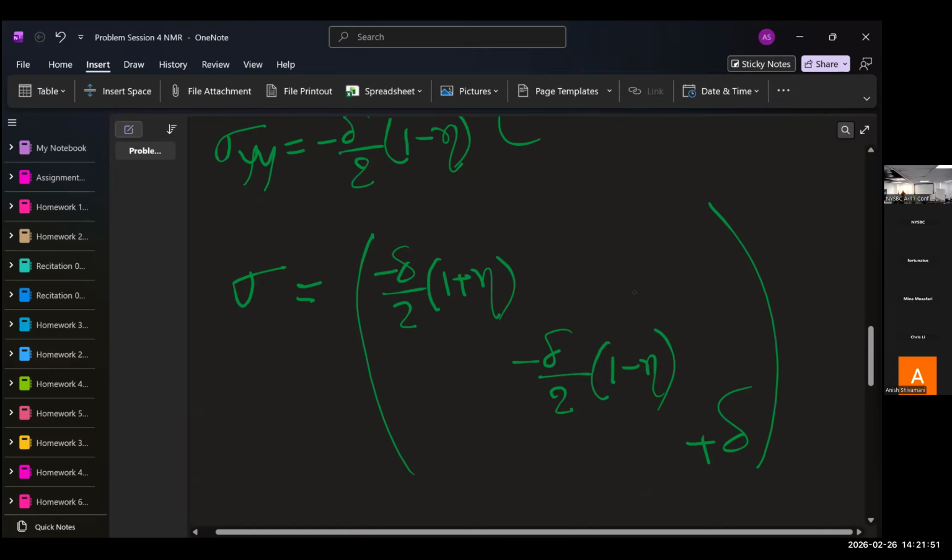One of the problems in the problem set is asking what frequency you expect. This is actually related to problem 1. What frequency you expect when B naught is aligned along the x-axis of the principal axis system and then along the z-axis of the principal axis.